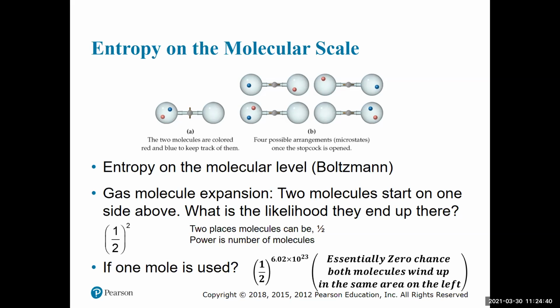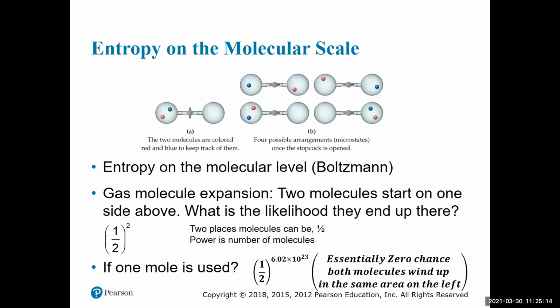We go below, we have that red and blue on the left, nothing on the right. And then finally we have nothing on the left and red and blue on the right. Those are the only four configurations that we can have for where those two molecules can be, okay, once we open that stopcock. So for this process, we would say there's four microstates because there's four different ways things can be arranged.